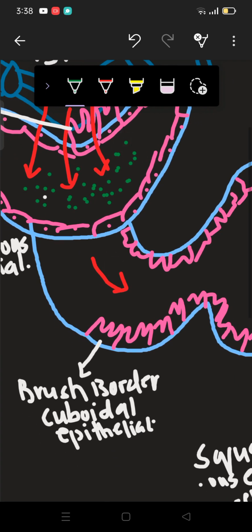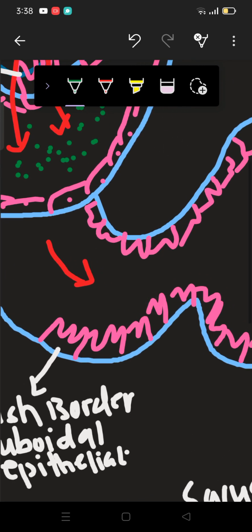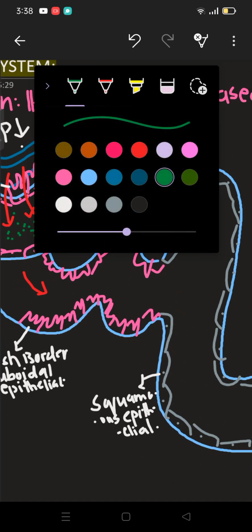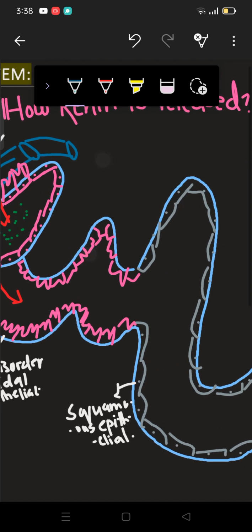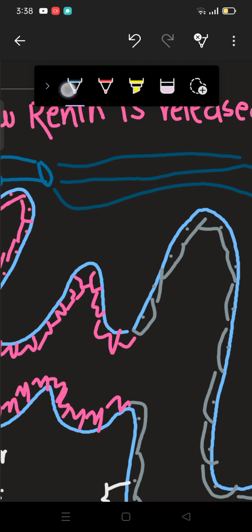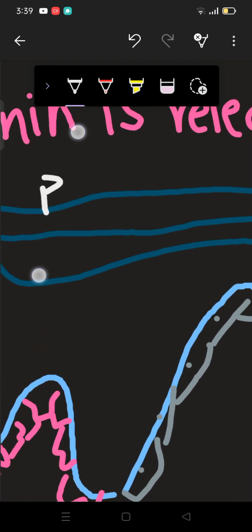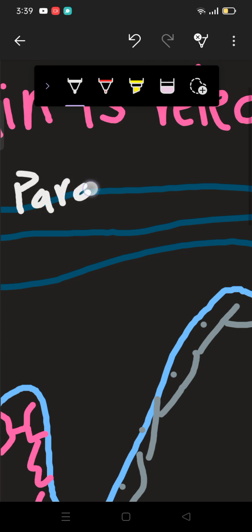So it will go to the PCT, and in the PCT we know that reabsorption of water is happening. Here I am making the capillaries, the peritubular capillaries.